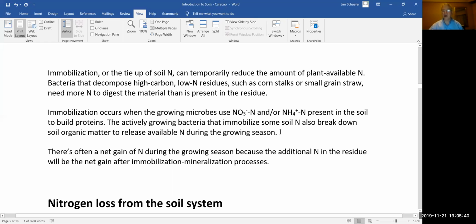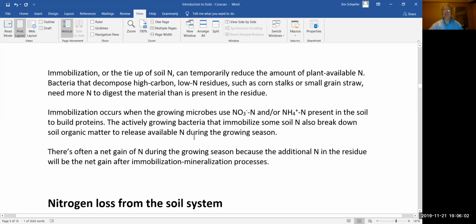So it's a pretty complex process, and there's a lot of give and take between the biological life of your soil and the demand that it has for nitrogen versus the process of using that biological life in your soil to actually release nitrogen.